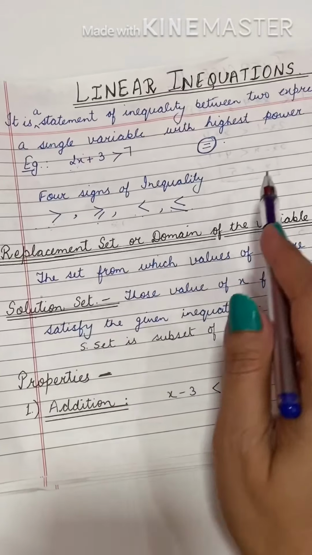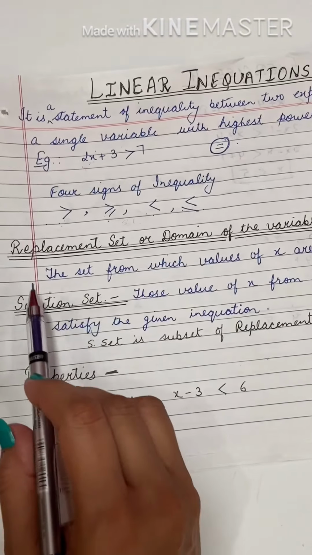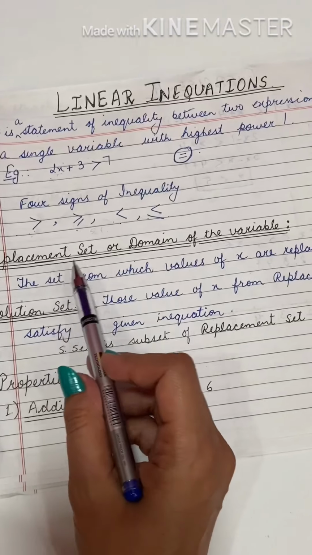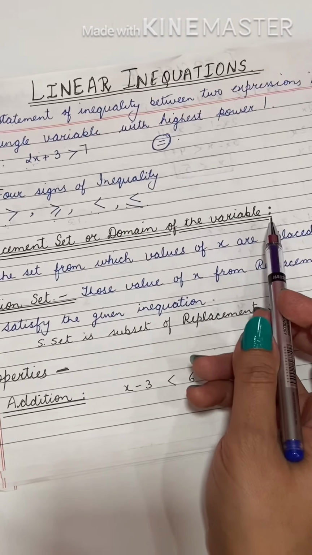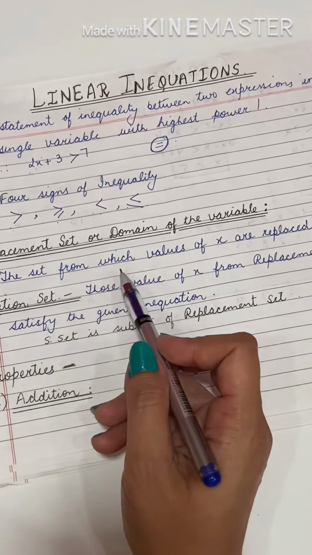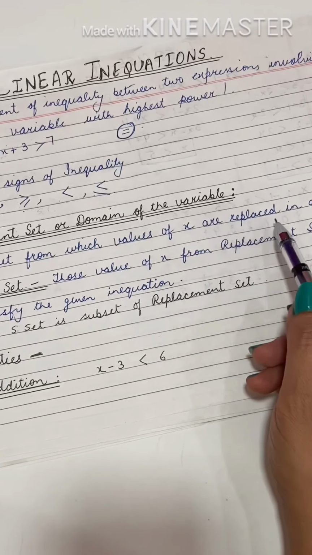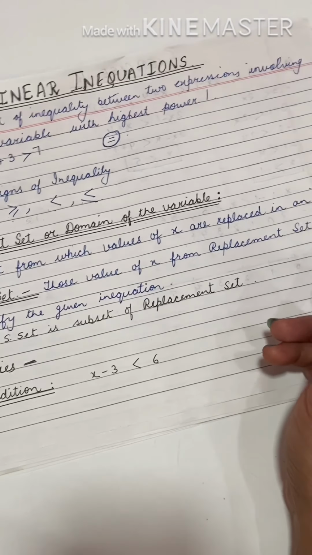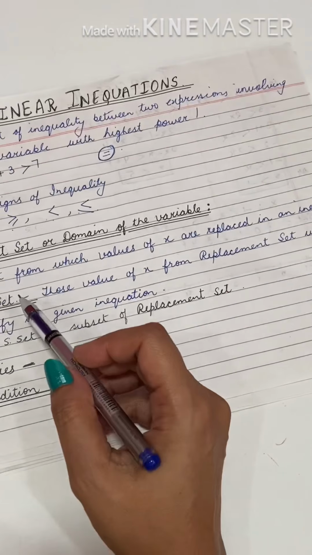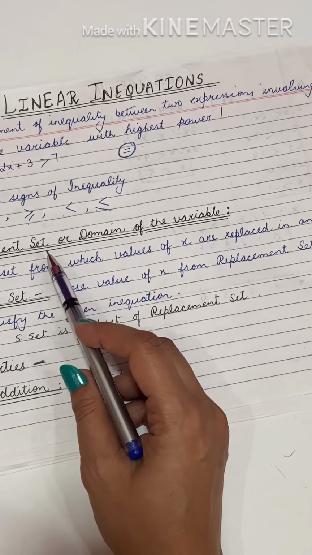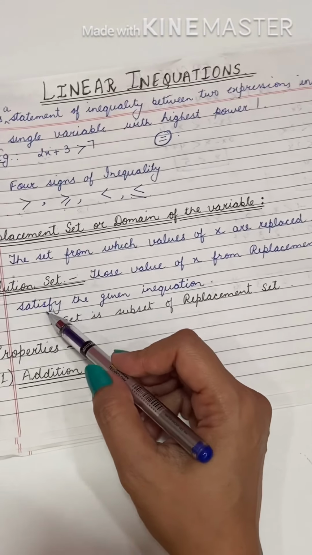So for solution of linear inequations, we are having two terms. The first one is the replacement set or domain of the variable. This is the set from which values of x are replaced in an inequation. That means we are going to choose the values of x from this replacement set. The second one is the solution set.